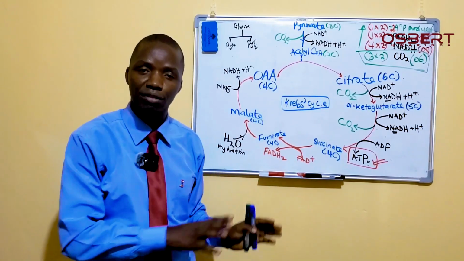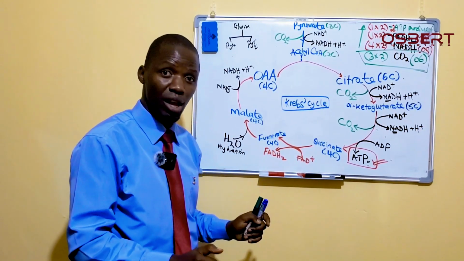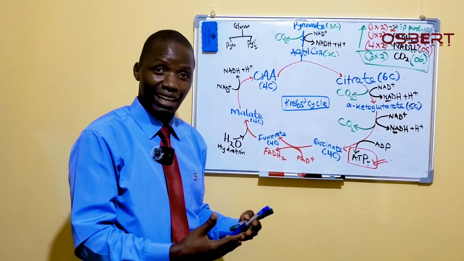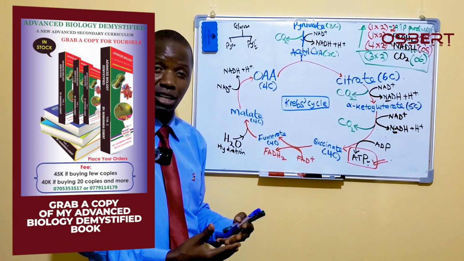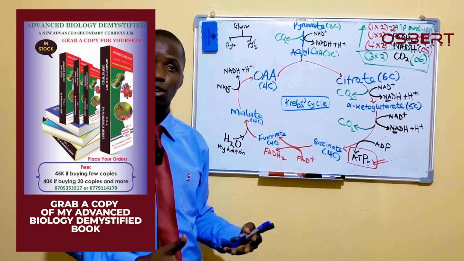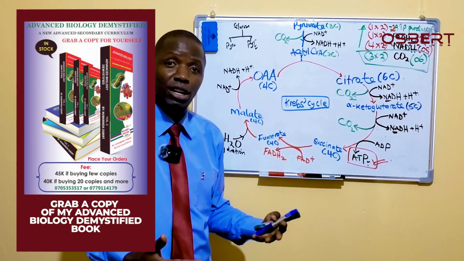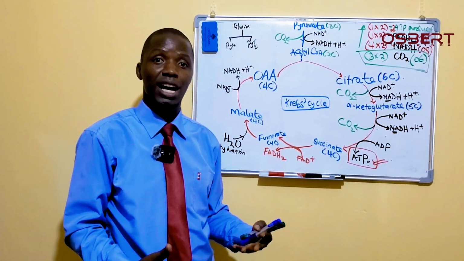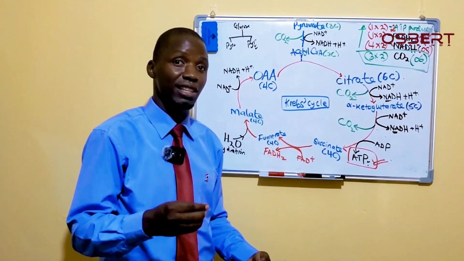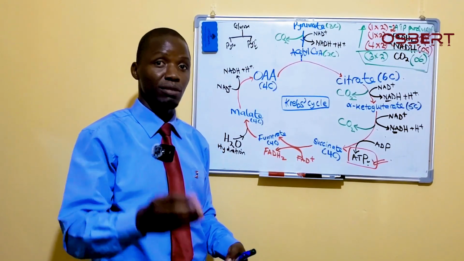Now that we have finished appreciating the Krebs cycle, in the next episode we are going to link how the foods we eat, like proteins and lipids, can also be used by our bodies to produce energy, especially when carbohydrates are not readily available. That is coming in the next episode. So please come with me and we'll go into that episode. May God bless you.